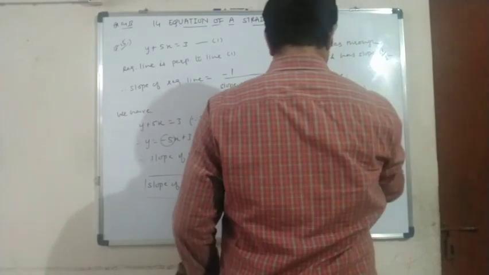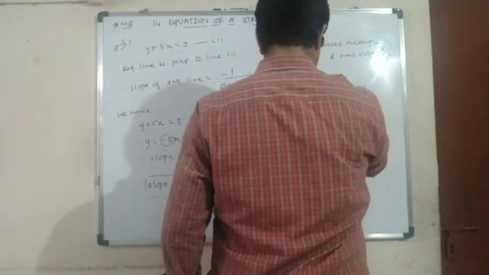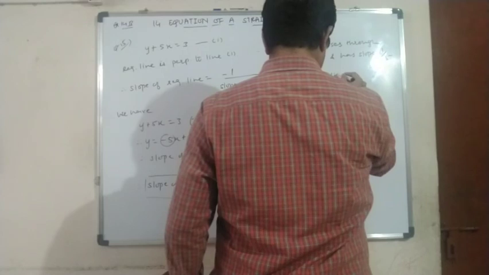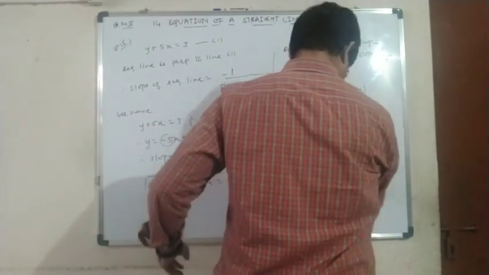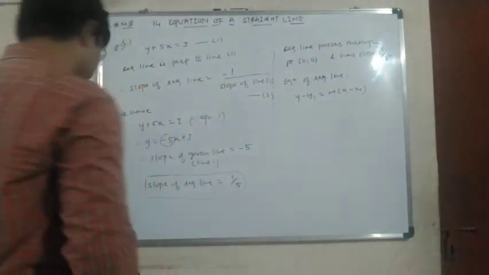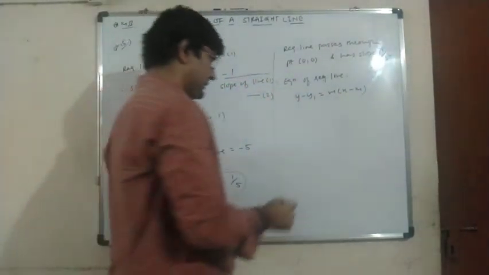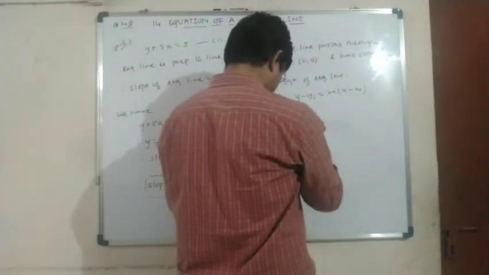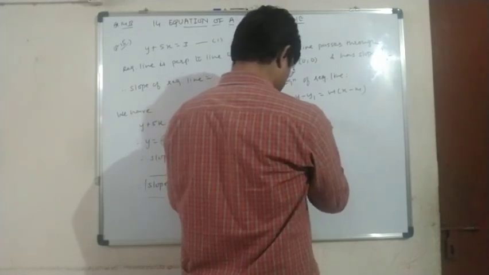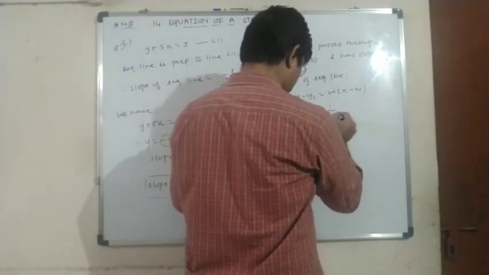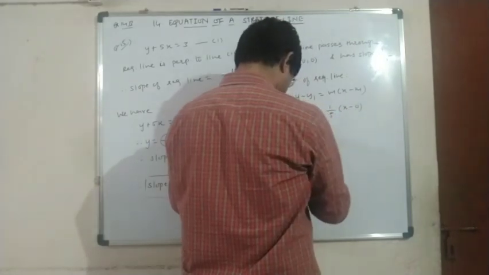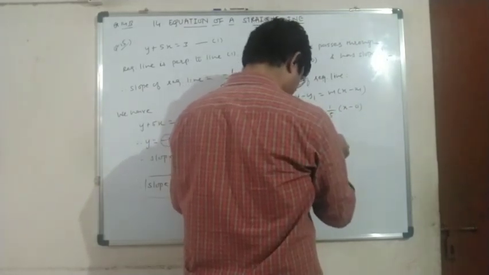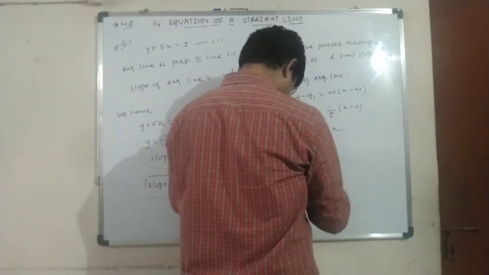Yes or no? And therefore the equation of the required line will be y minus y1 is equal to m into x minus x1. Therefore y minus 0 is equal to 1 upon 5 into x minus 0. Therefore y is equal to 1 upon 5x.